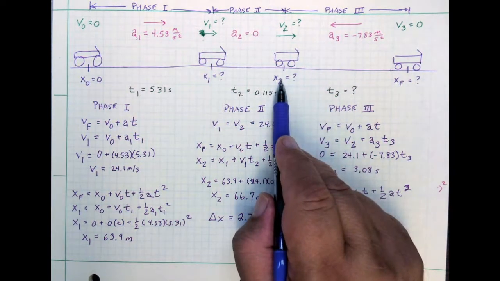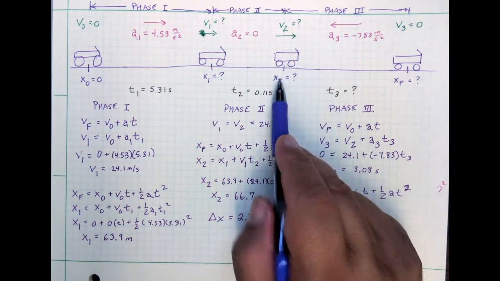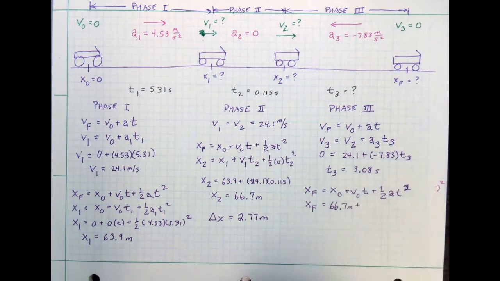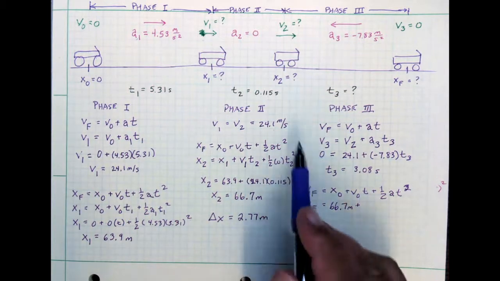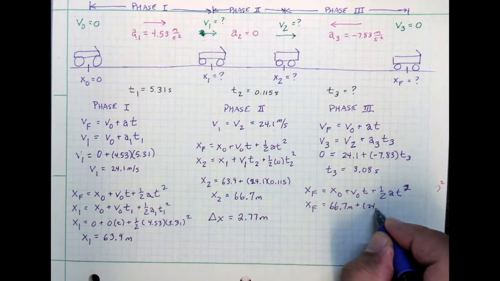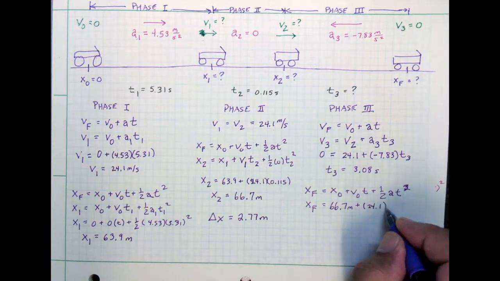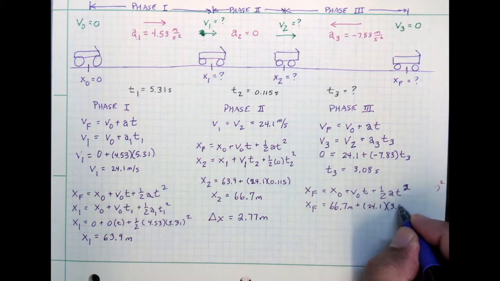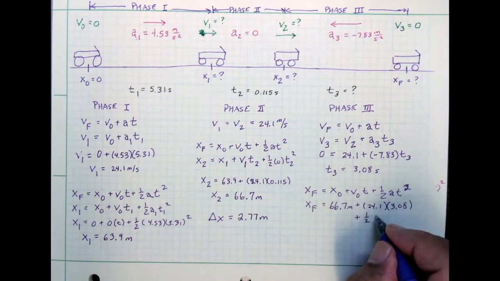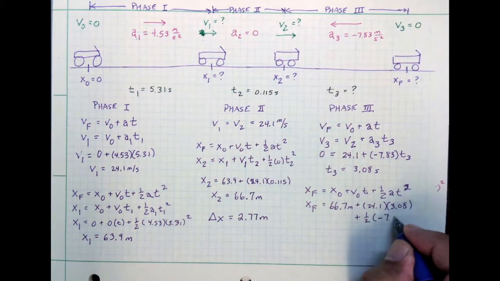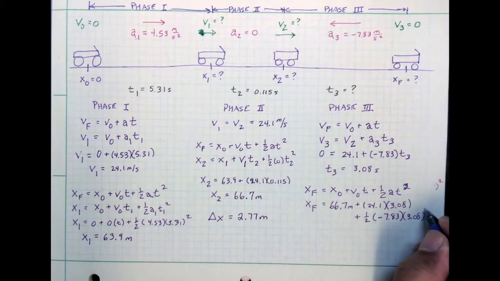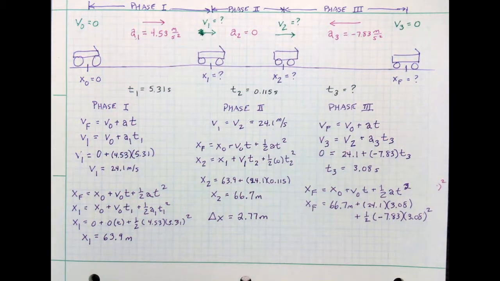The initial position of phase 3 is the final position of phase 2, 66.7 meters. The initial velocity at phase 3 is the final velocity of phase 2, which is 24.1 meters per second. The time to come to a stop is 3.08. The acceleration during phase 3 is negative 7.83. Again, that negative sign is very important. And we multiply that by the time squared.